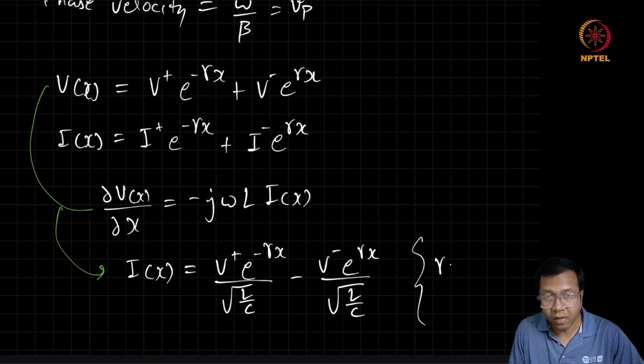All of you remember, gamma we have chosen as j omega root over LC.